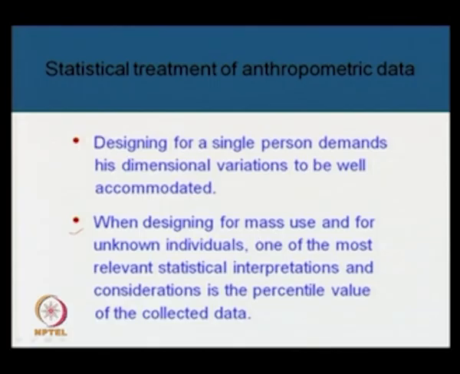But when designing for mass use and for unknown individuals, where we do not know who will be the intended user, one of the most relevant statistical considerations is the percentile value of the collected data.